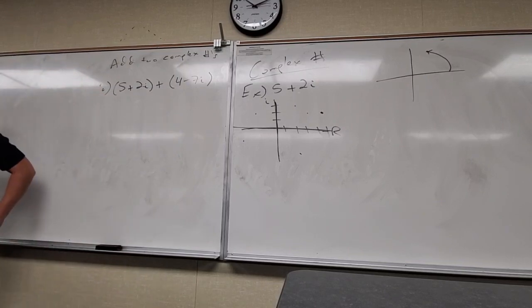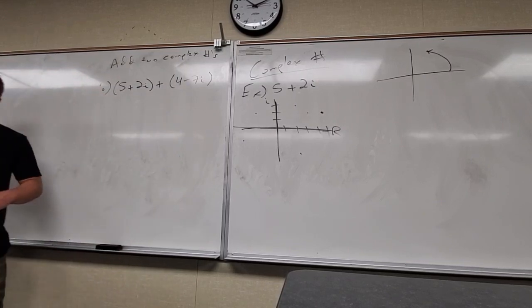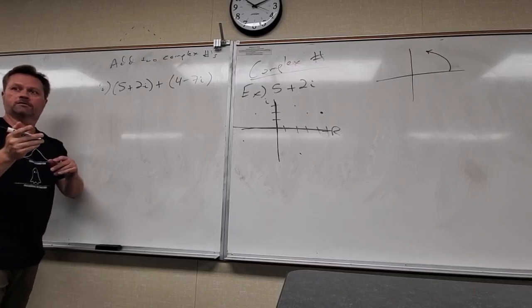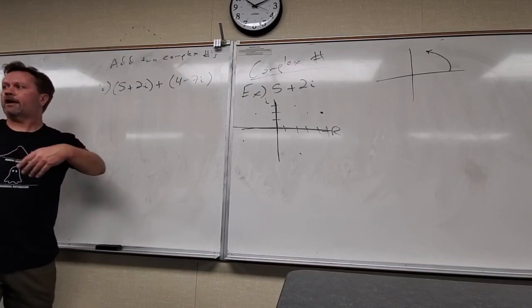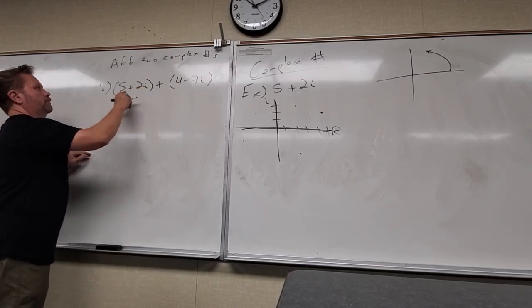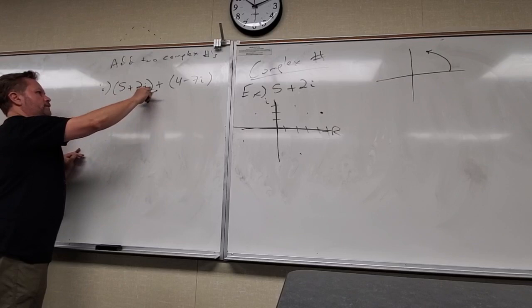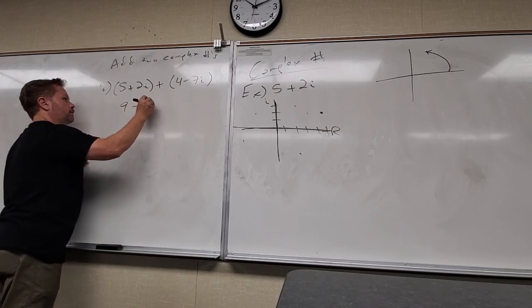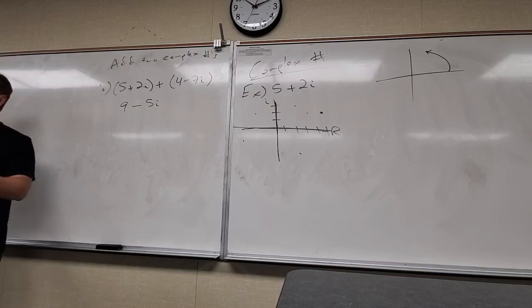What's your gut tell you? Yes, because they have like terms, correct? What do you get from the numbers? 5 plus 4, 9. 2 i's minus 7 i's, negative 5i. Okay, you didn't expect it to be that easy.